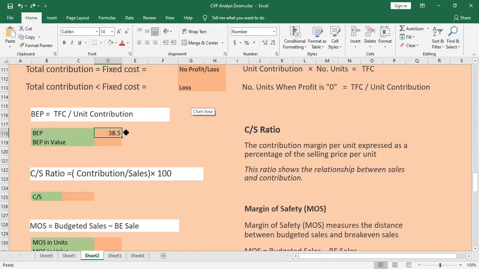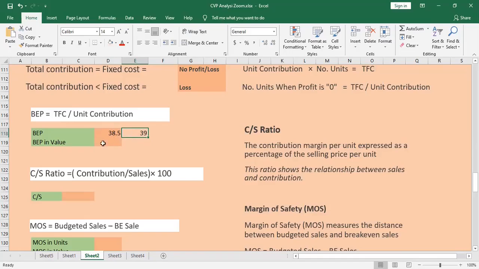So we will have to round it up to the next whole number, so it will be 39. So you will have to produce 39 units to get to this break-even point where your total cost is equal to total revenue. So this is the number of units.